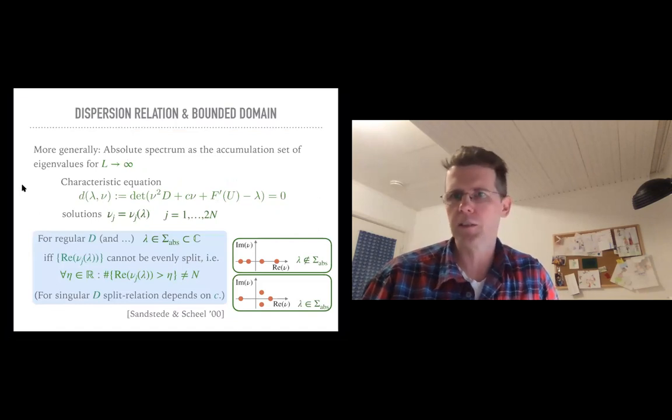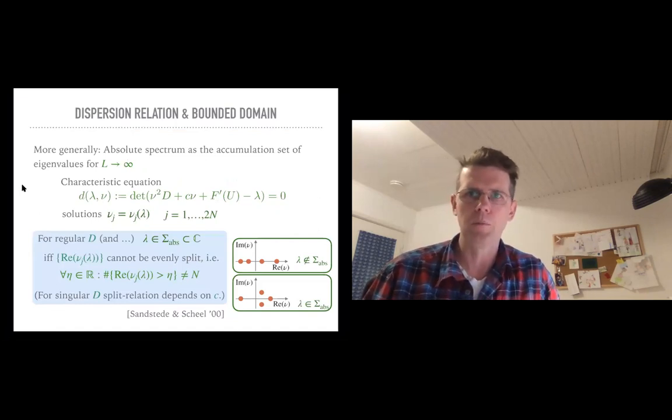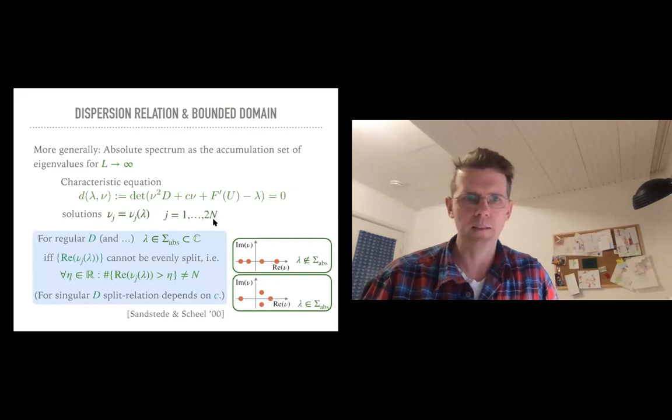We look at the characteristic equation for the more general problem with any number of components, as here, and for some linearization, again, constant coefficients. We get these spatial eigenvalues. And for simplicity, I just now assume that D is invertible for the moment, and I have 2n of those. Otherwise, it's lesser.